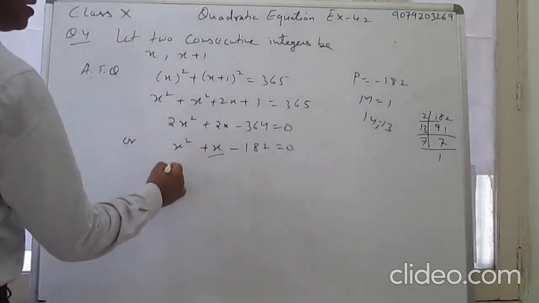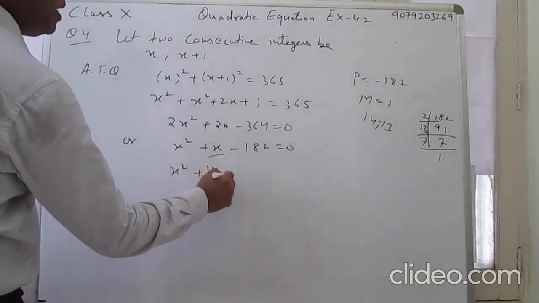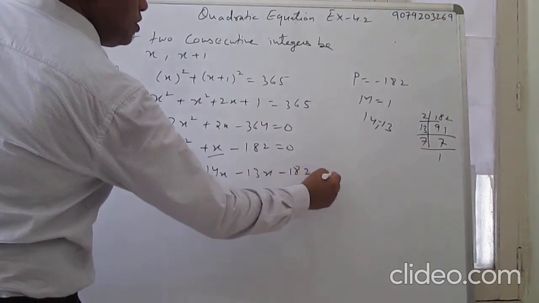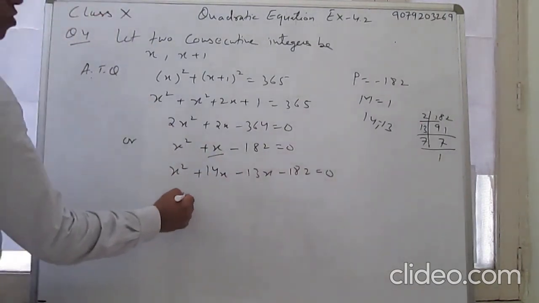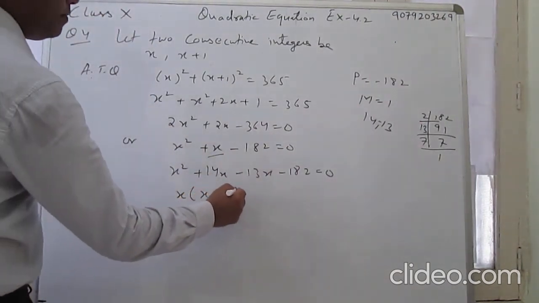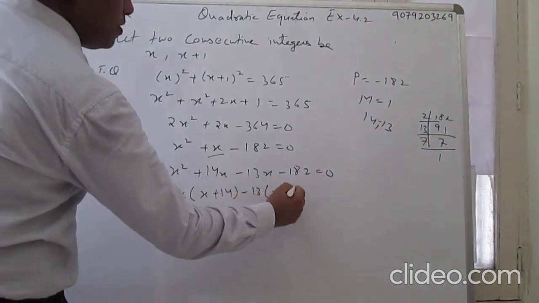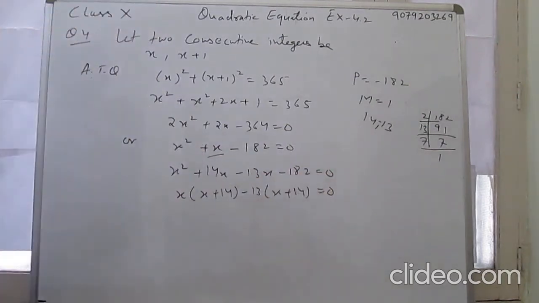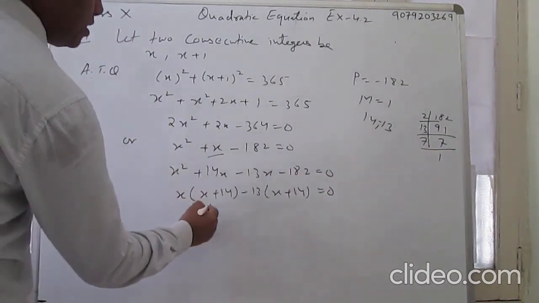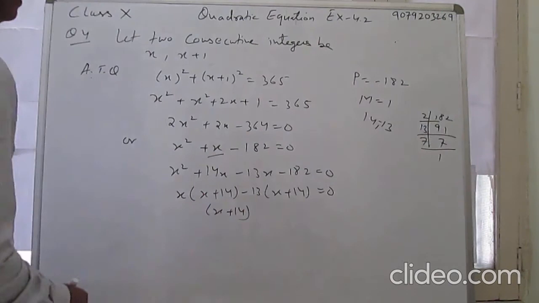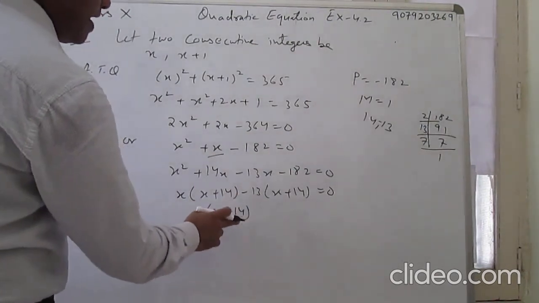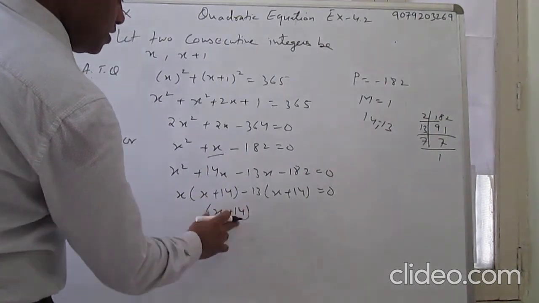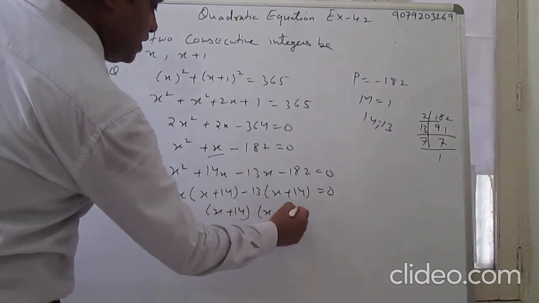Instead of this you can write x square plus 14x minus 13x minus 182 is equal to 0. Take out x common, x plus 14 minus 13 common, x plus 14. Now x plus 14 and x minus 13 is equal to 0.